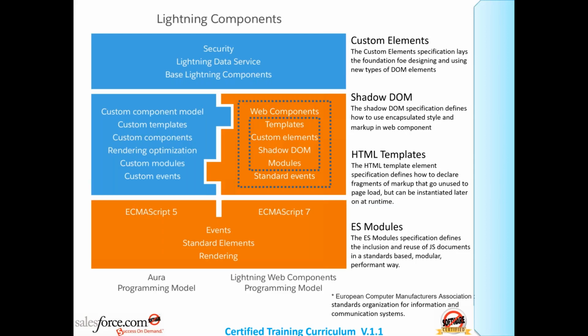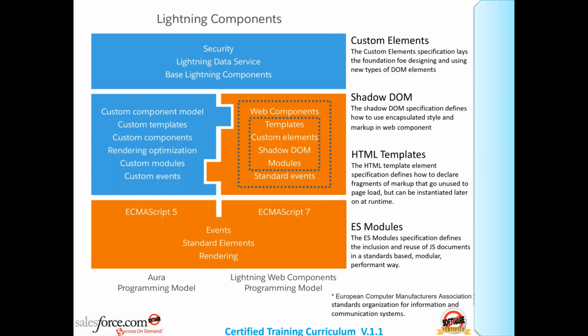So, who gives the standard guidelines? ECMA is the organization which provides web standard guidelines. That means every web component that any company is building, whether it's Infosys, TCS, Salesforce, any company that builds a new web technology, it has to be at par. It should be compatible with ECMA standards.